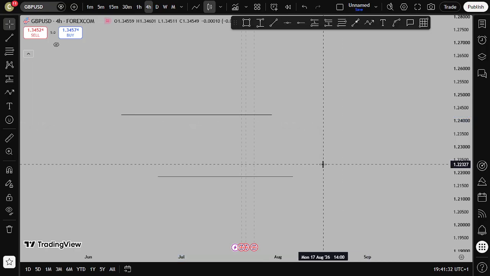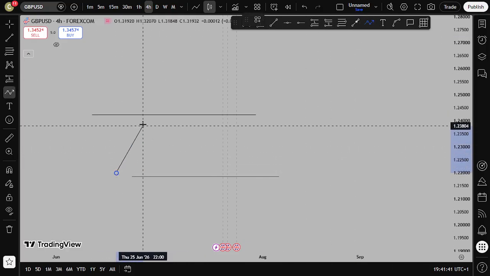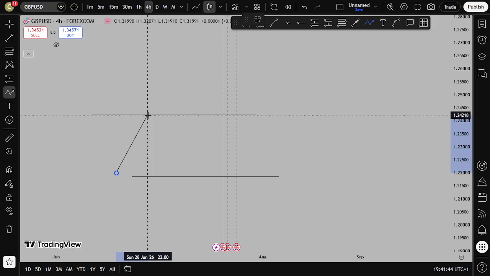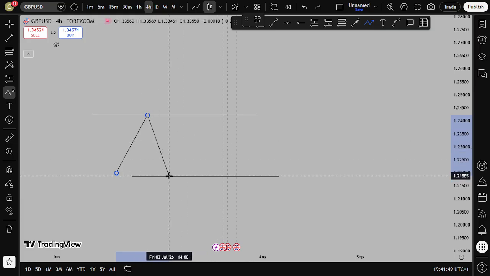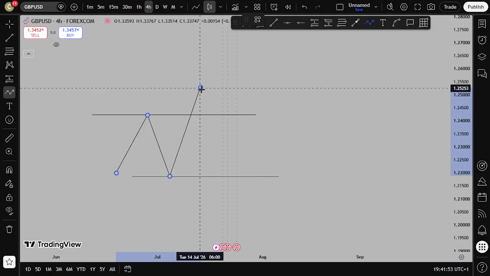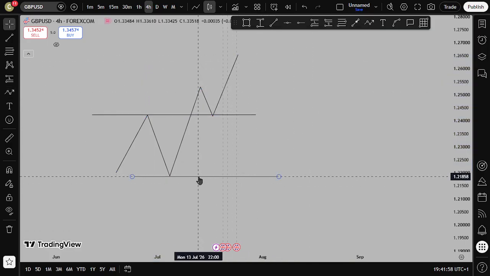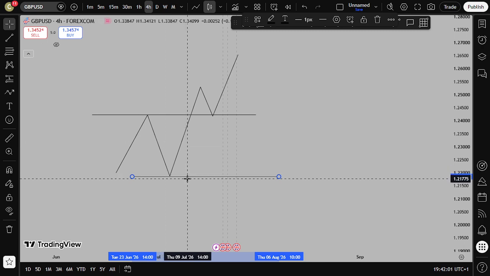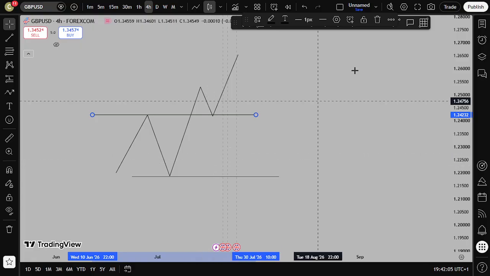So you cannot just draw any magic line. Understand? Like I say, a swing high can become a resistance. An example like this, a swing high. You can see this serves as what? As our resistance. A swing low can become what? A support like this. So you don't just draw any random line.